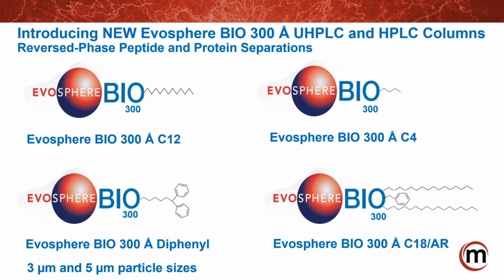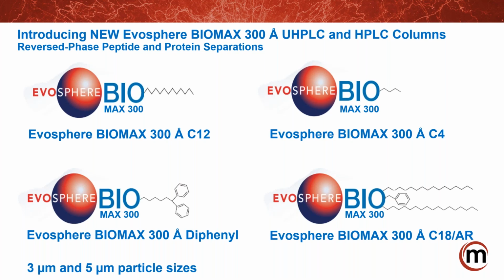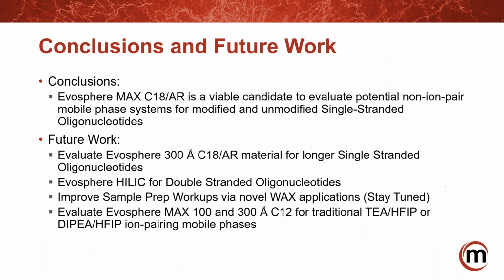There's some impact. Some requests have come in for making HILIC versions of these columns, which we're working on, whether it's silica or, in the future, some other bonded phases that we've looked at. And then we also extended the MAX hardware to the bio line.